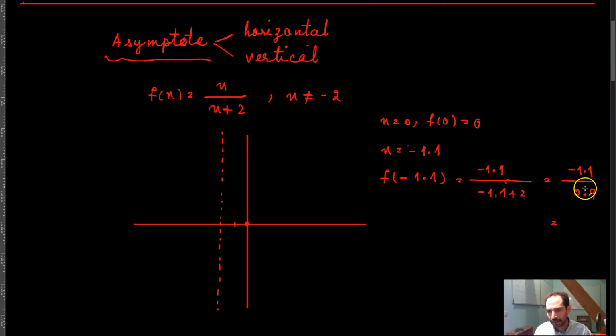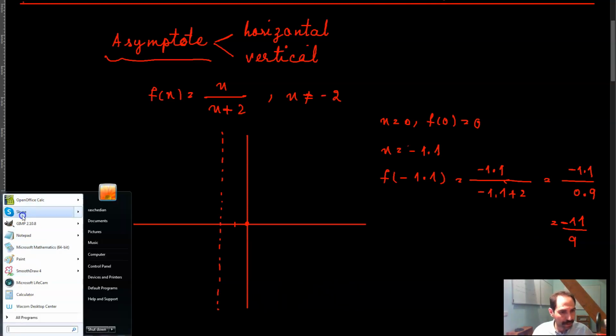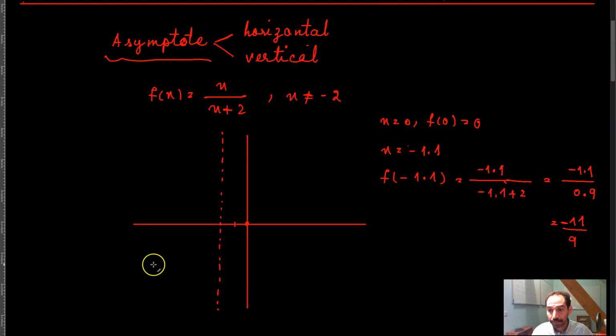You can write this as 11 divided by negative 9, which is something negative 1 point something. Let me use the calculator here. 11 divided by 9 is about 1.2, so about negative 1.2.